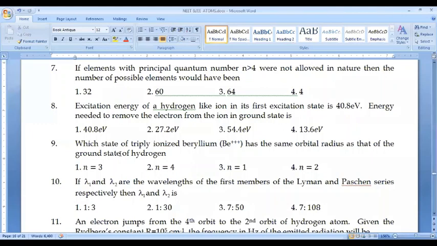Now the next question. If elements with principal quantum number greater than 4 were not allowed in nature, then the number of possible elements would have been, that's the question.